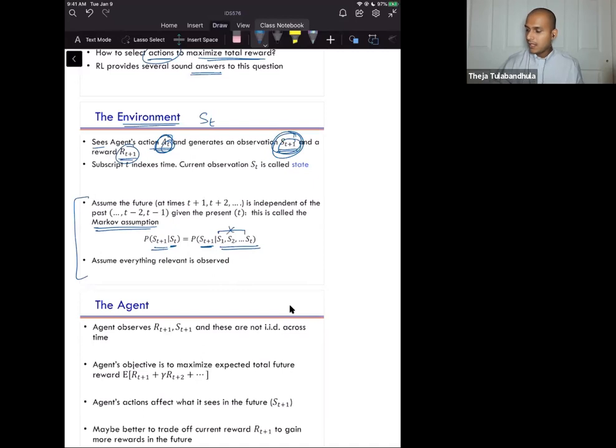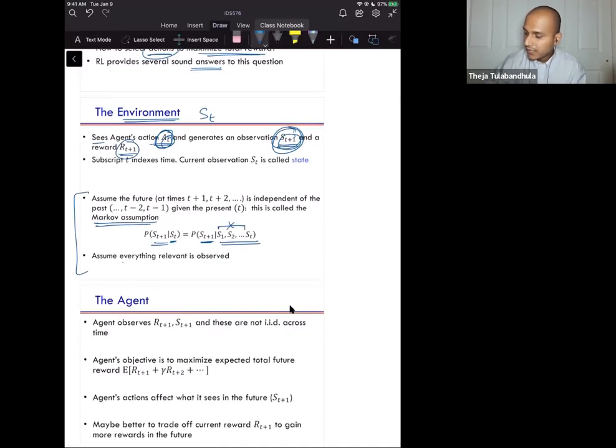We also assume that everything is observed, in the sense that if ST is a state, think of the states as vectors, for simplicity. If they're vectors, all these coordinates should be observed, visible to the agent.